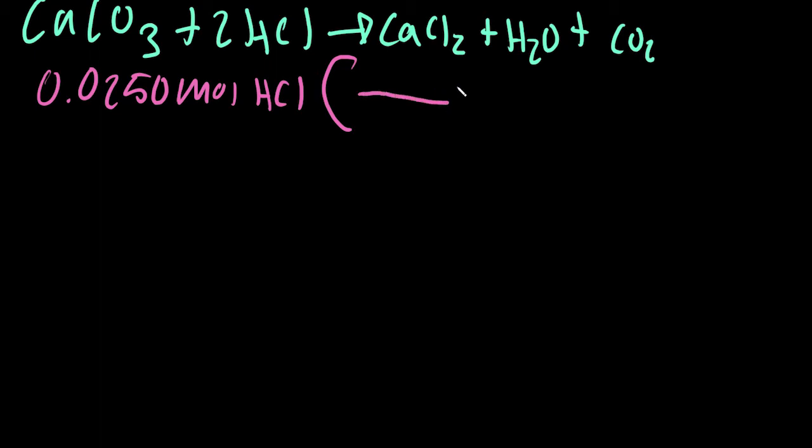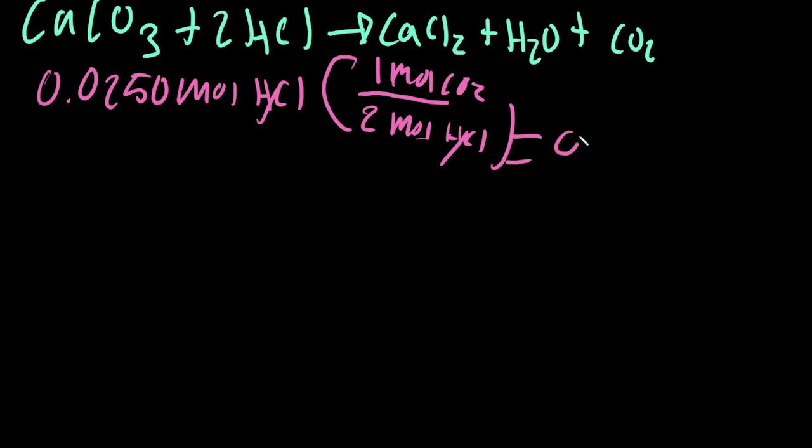Because we want to convert it into CO2, the 1 mole goes on top, and because we want to cancel the HCl, the 2 moles of HCl go on bottom. Then this cancels, and 0.0250 times 1 divided by 2 equals 0.0125 moles of CO2.